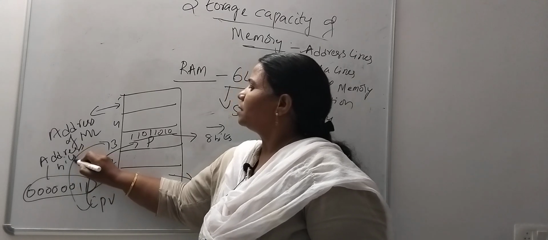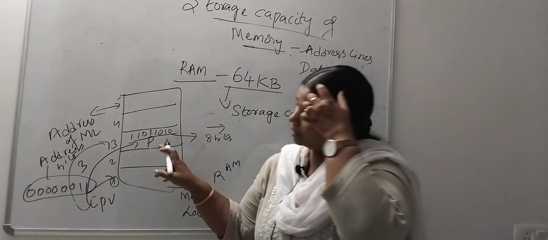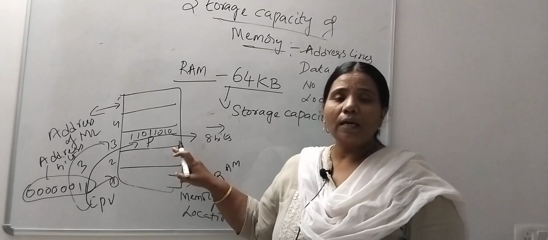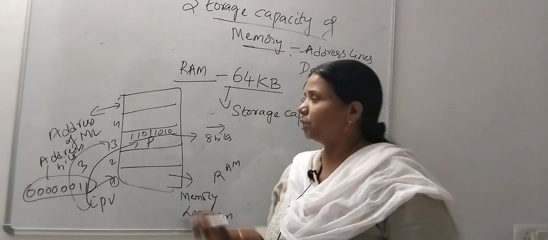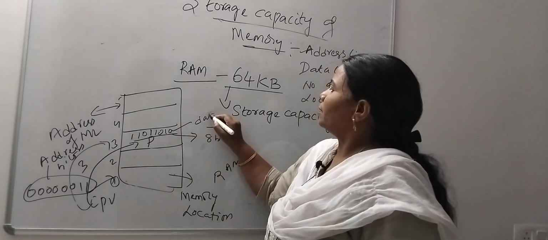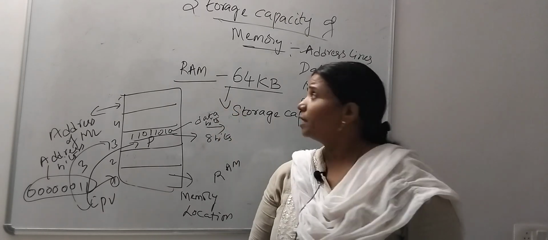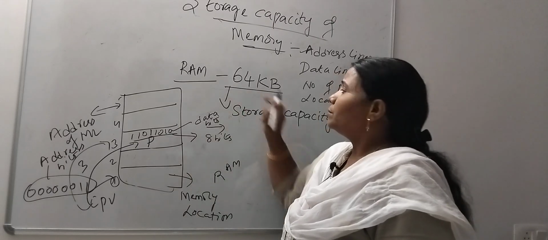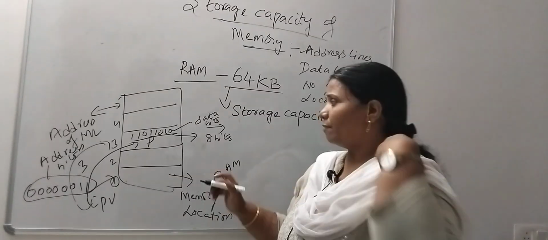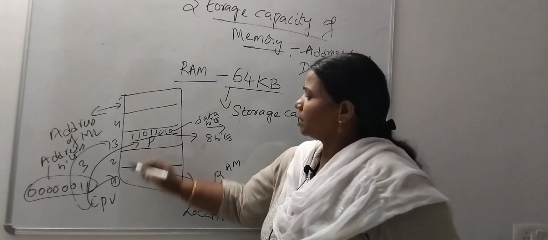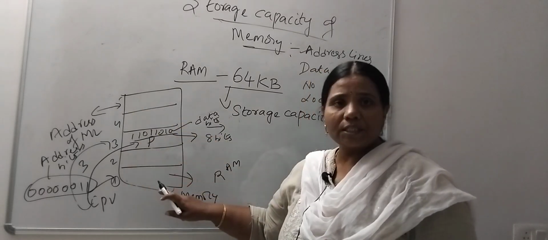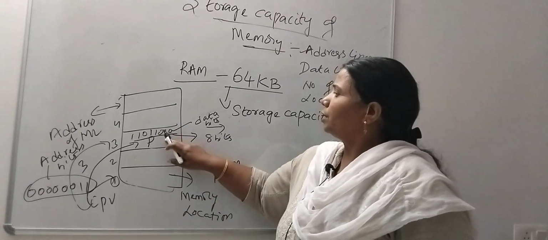What are data bits? The number of bits used to store the data in the memory location are said to be data bits. Okay, so here in this one, from the storage capacity you can find how many memory locations it is having. How many memory locations it is having here? 1, 2, 3, 4, 5.